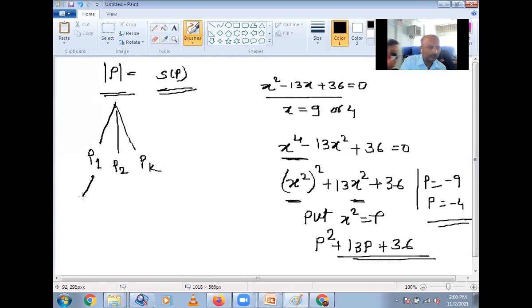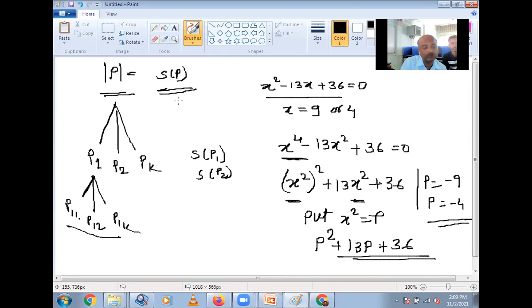While solving a sub problem, if it is small, find its solution. If a sub problem is large, divide it again into sub problems, p of 1 1, p of 1 2 up to p of 1k, find the solution of these and combine all the solutions so that we get the final solution of the problem. Are you getting?